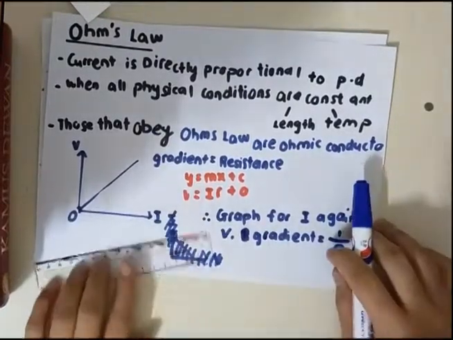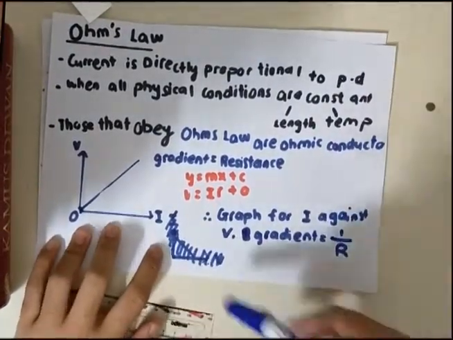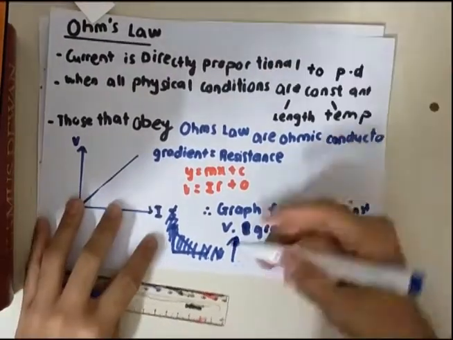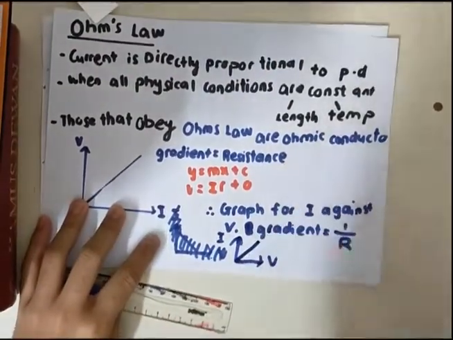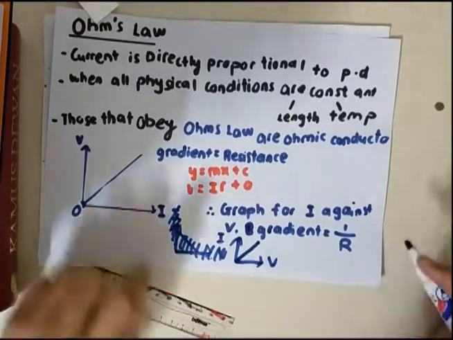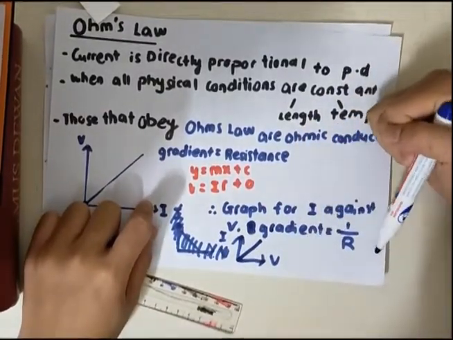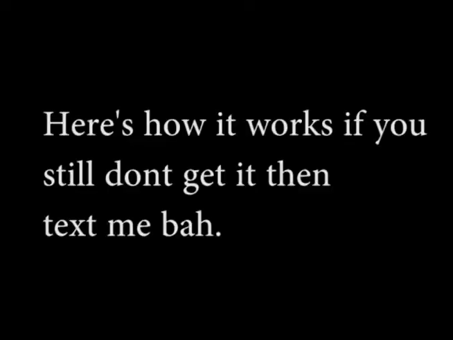For a graph of I against V, the graph would be something like this. What you have to know is that if it is a graph of I against V, the gradient will be equal to 1 over R. Why do I say that the gradient is 1 over R?